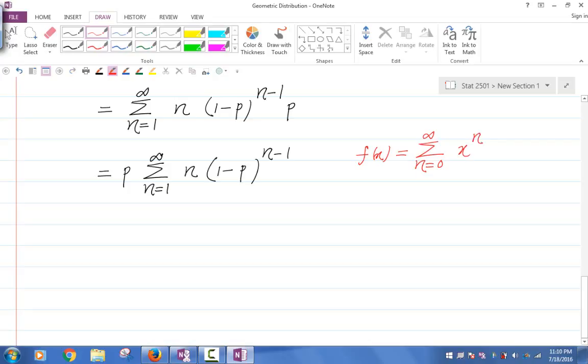This is a geometric series, and we know that this is the same as 1 over 1 minus x.